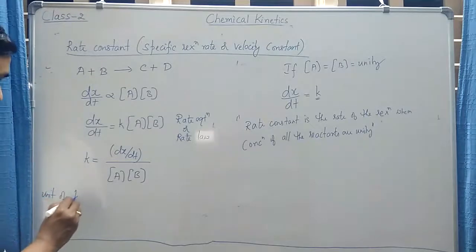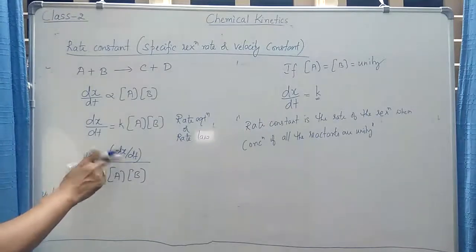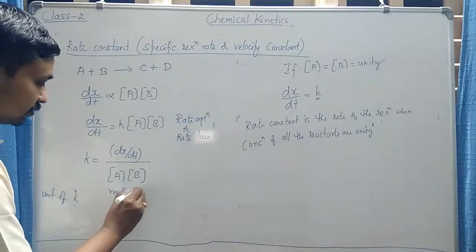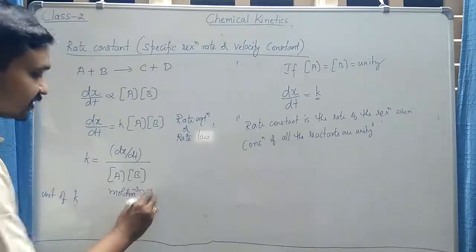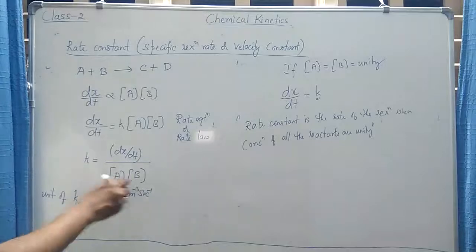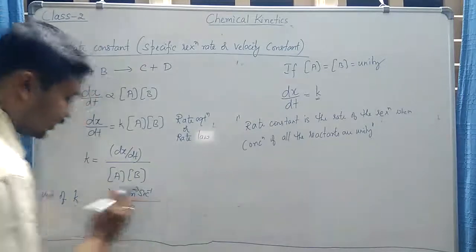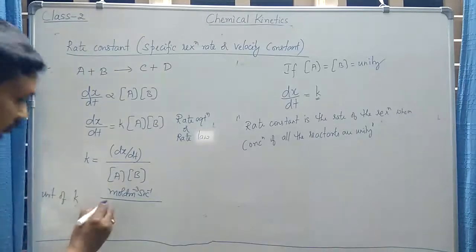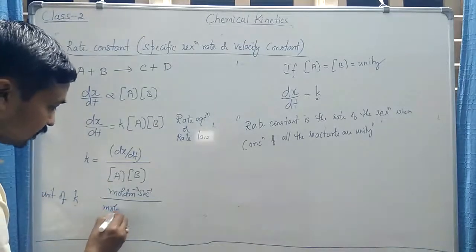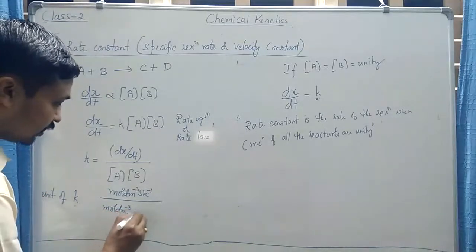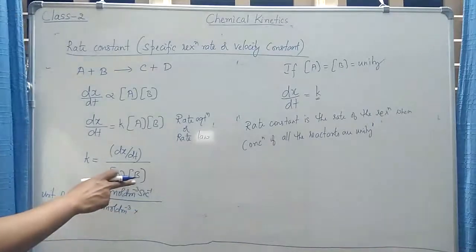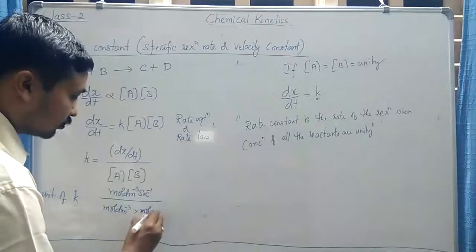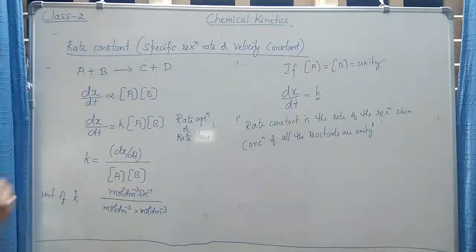The unit of K should be the unit of rate, that is mole per dm cube per second, divided by the concentration of A, whose unit is mole per dm cube, into another concentration term, so the unit is again mole per dm cube.